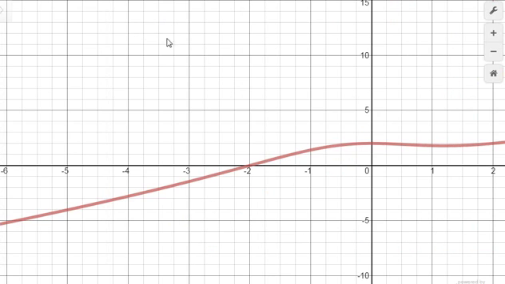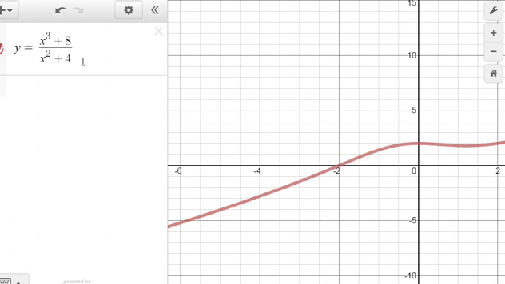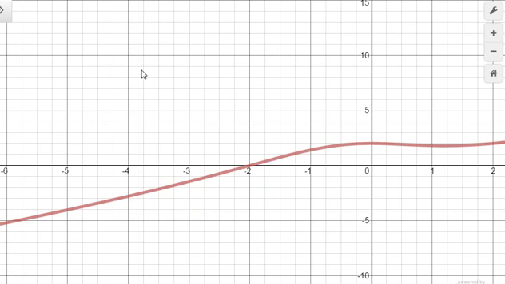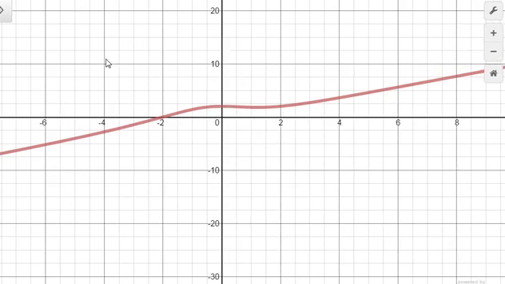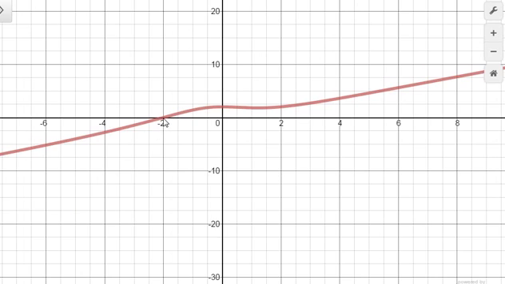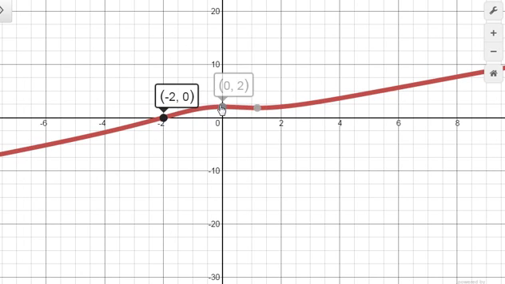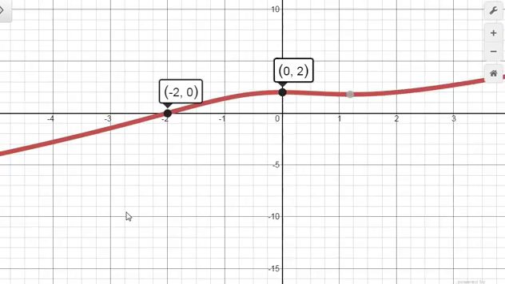No. And because that's true, I'm not going to get any vertical asymptotes for this graph. So there's your graph. And we got a root here at negative 2, 0, and a y-intercept at (0, 2). So exactly what we predicted.